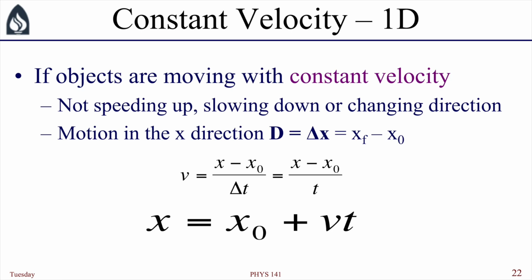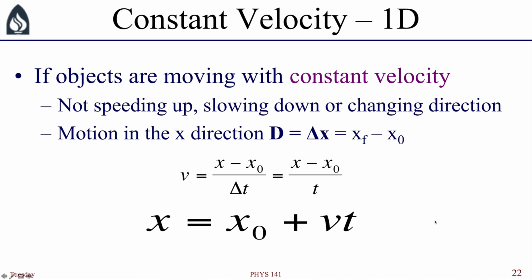So if none of those things are happening, if the object is moving with a constant velocity, and it's also not changing its direction, so it's only moving in a straight line in one dimension, then we can describe that motion more simply.